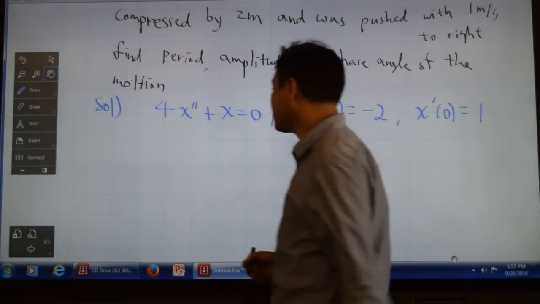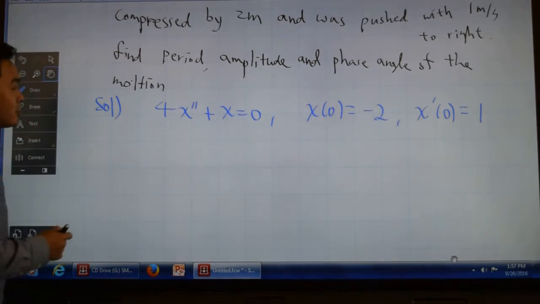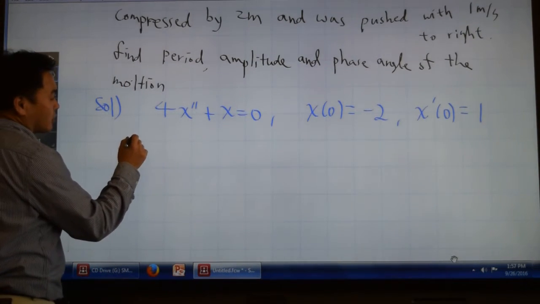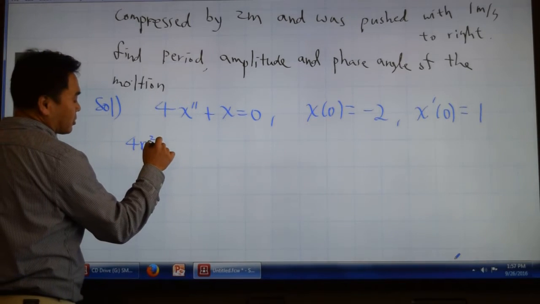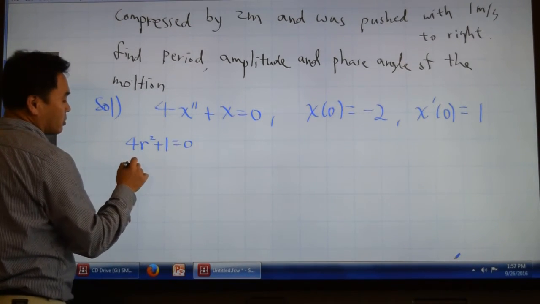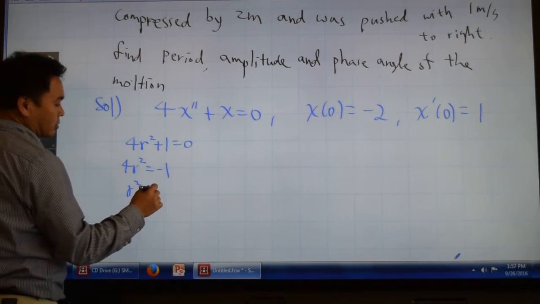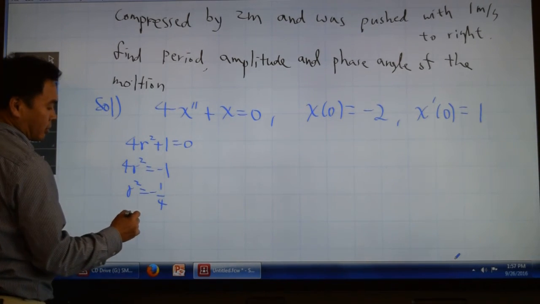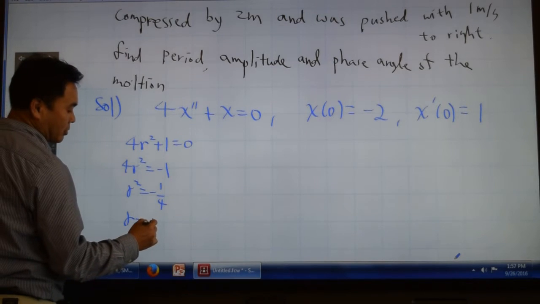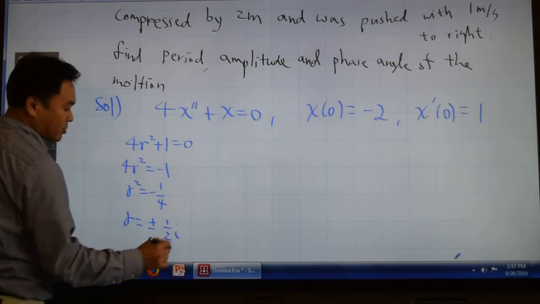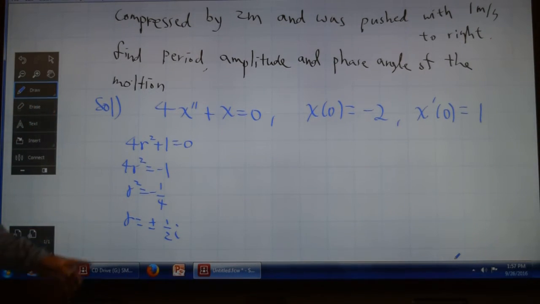So in that case, how do you solve this? 4r squared plus 1 equals 0. 4r squared is negative 1. r squared is negative 1/4. r is equal to plus or minus 1/2 i, because the square root of 4 is 2, and the square root of negative 1 is i.